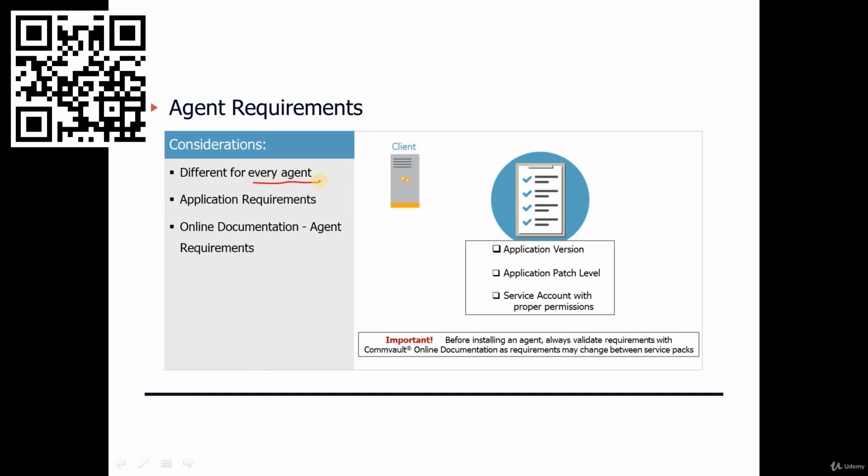If you have an Exchange server or SQL database or Oracle, the agent will be different. With the help of this agent, we can see the application version, the application patch level, and the service account that we can use for proper permissions and for performing the backups. So this agent is not only helping us to communicate with the CommServe, but it will also help us to take application aware backups as well.